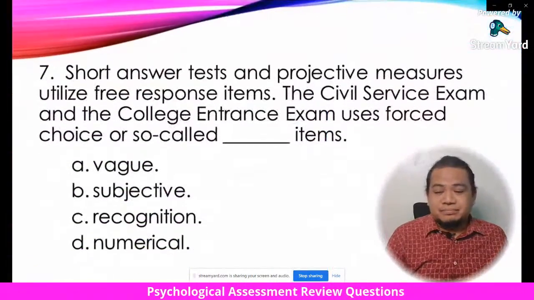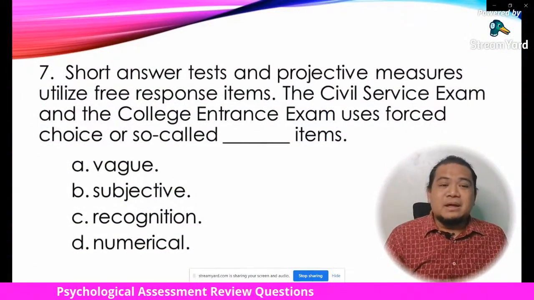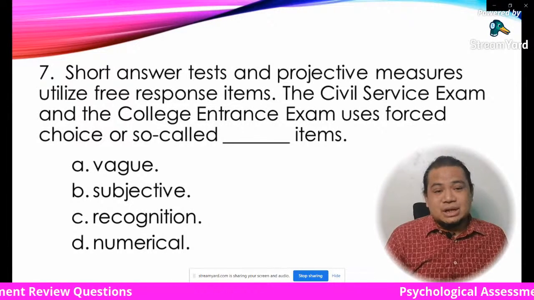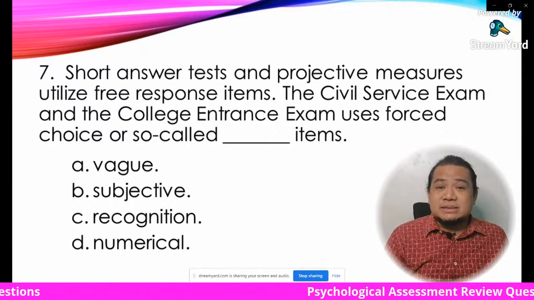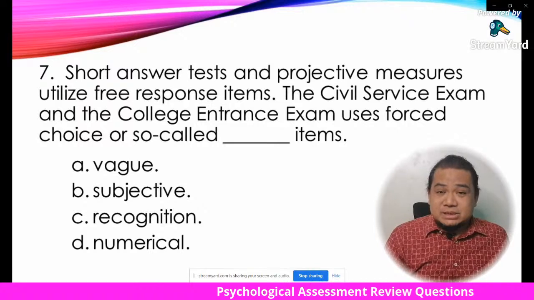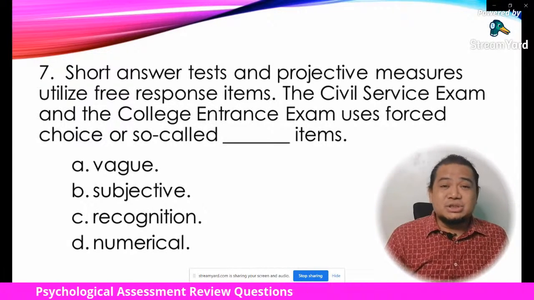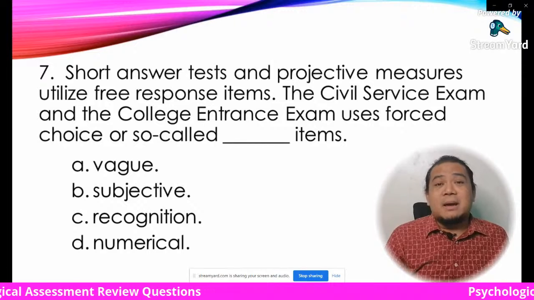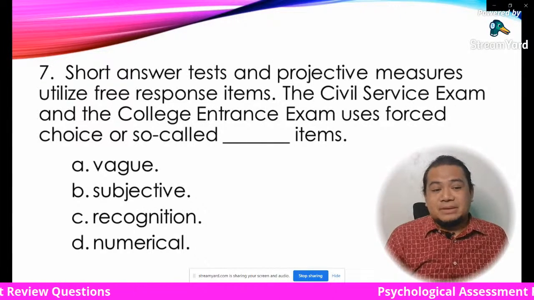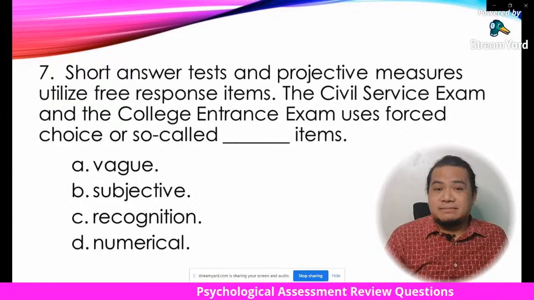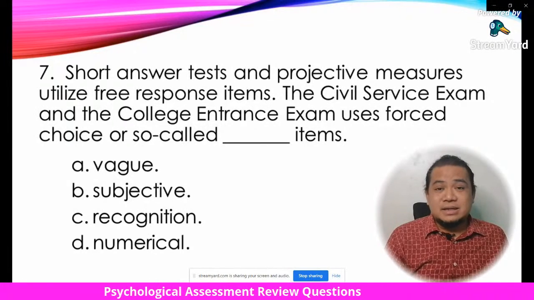Number 7. Short answer test and projective measures utilize free response items. The civil service exam and college entrance exam use forced choice or so-called blank items. Is it A. Vague? B. Subjective? C. Recognition?